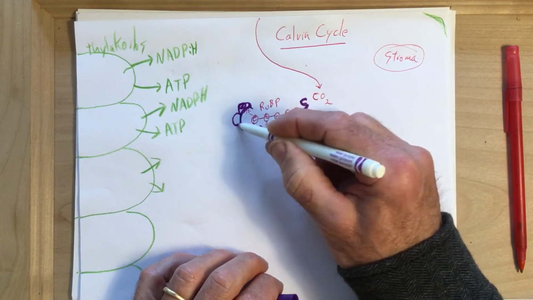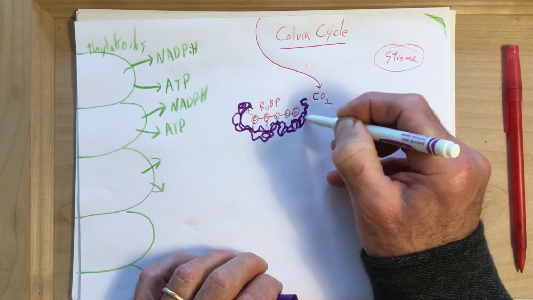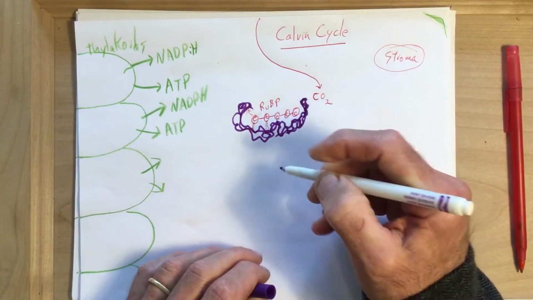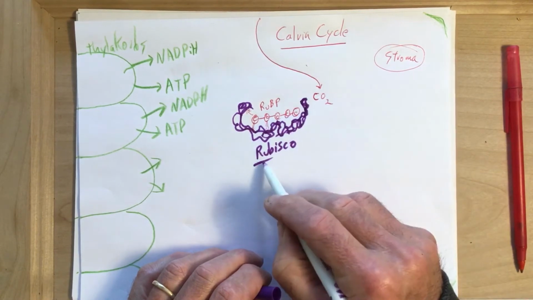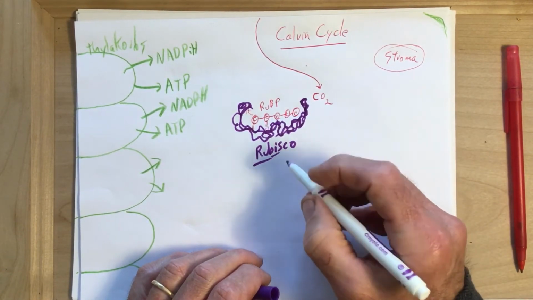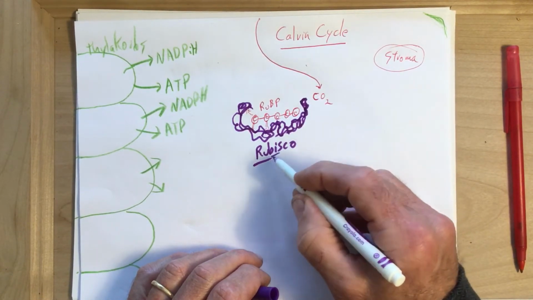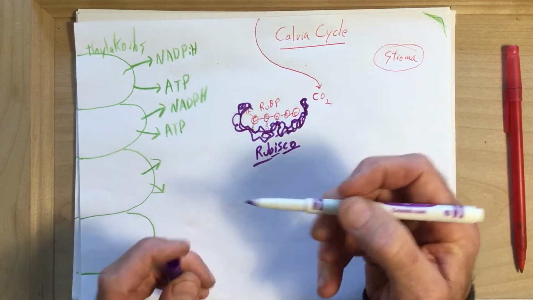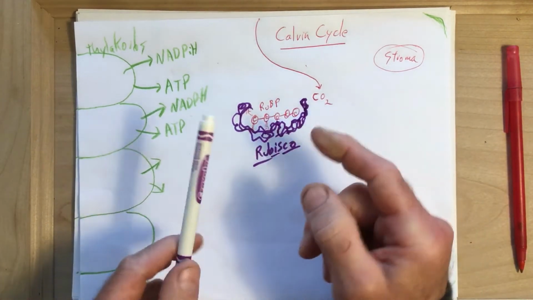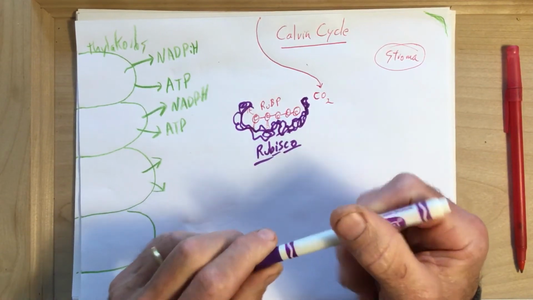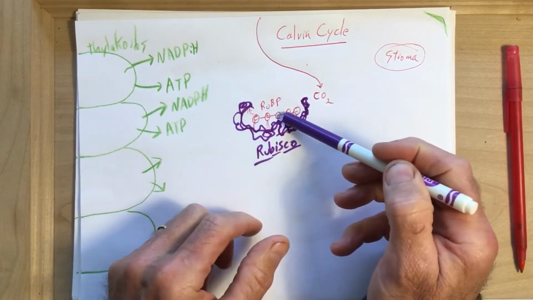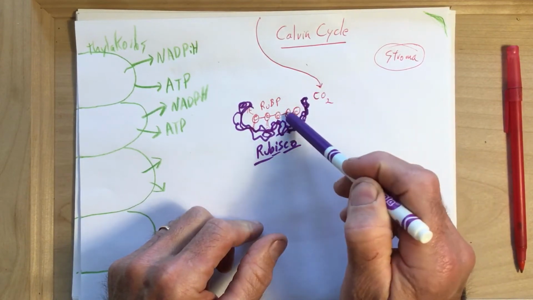This purple blob is the enzyme that runs this first reaction. It is called rubisco. Rubisco is short for ribulose bisphosphate carboxylase, which means it's an enzyme. The purple blob is a protein enzyme that has the ability to carboxylate RUBP, meaning we're going to take another carbon and we're going to slap it on there.